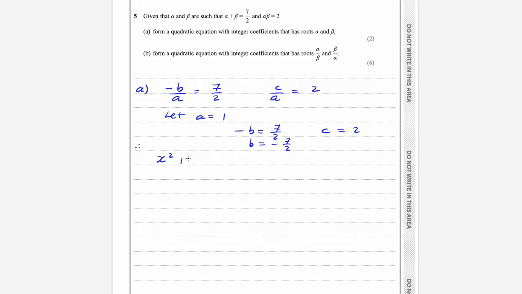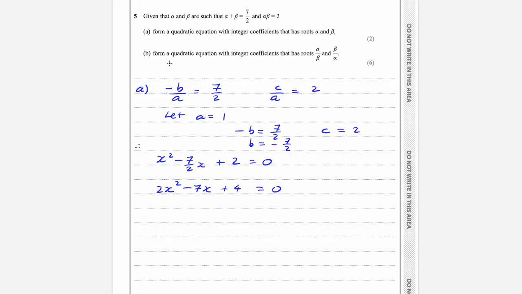So plus bx, which is minus 7 over 2x, plus c, which is plus 2, equals 0. Multiply across by 2, and I get 2x squared minus 7x plus 4 equals 0.